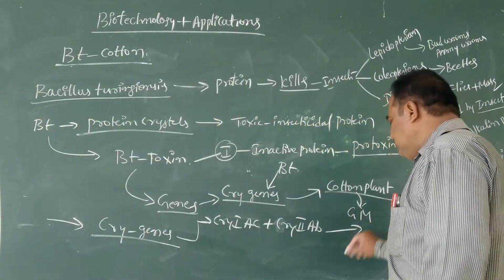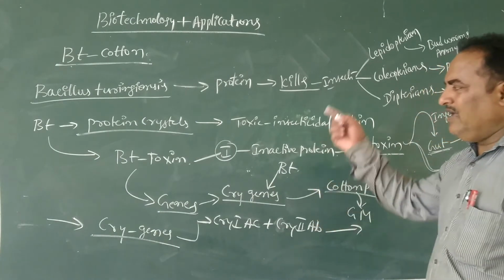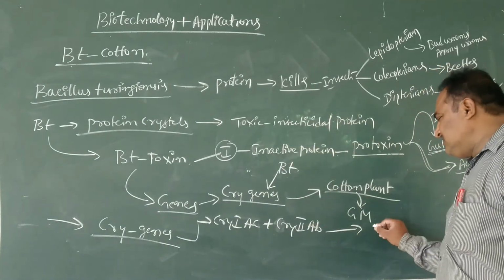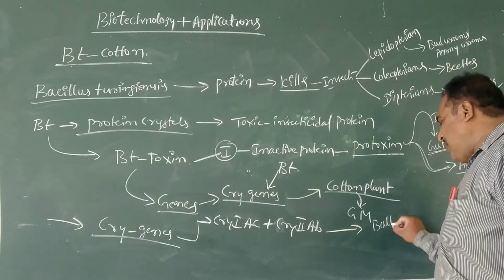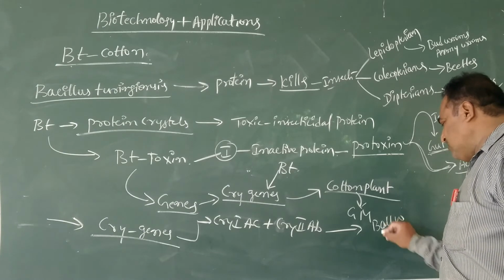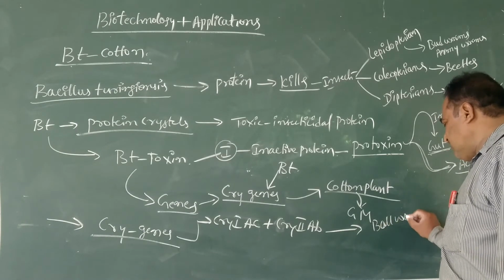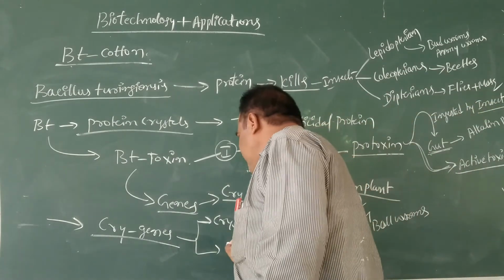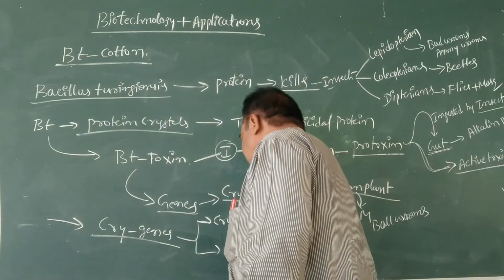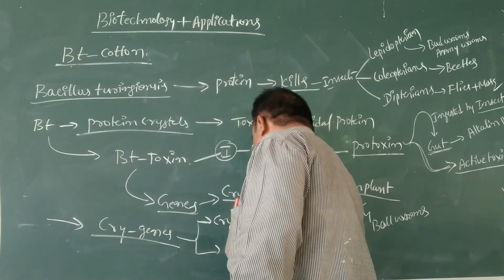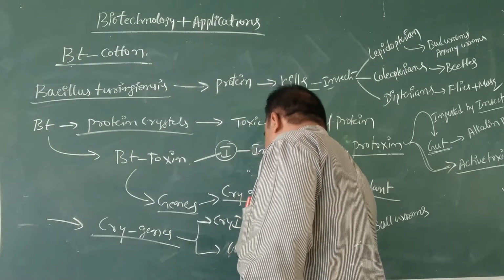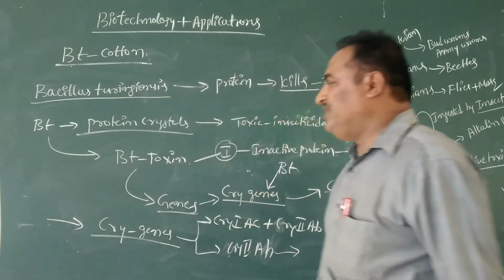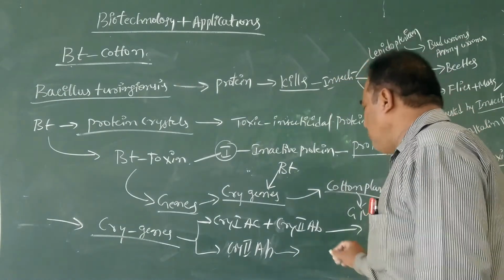Usually this kind of gene produces a toxin which kills bollworms. And cry2AB usually destroys other insects as well.